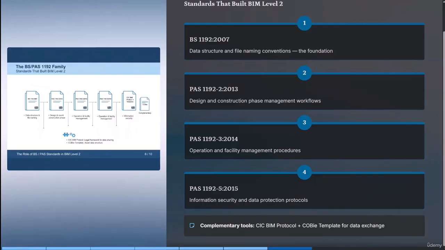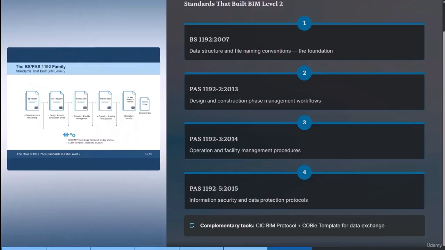Before going through CIC BIM protocols or BIM protocol contracts, I should say that BS and PAS are more dealing with the technical dimensions, while we got the CIC BIM protocol dealing with the contracts and legal aspects. And COBie is a structured framework for data exchange.